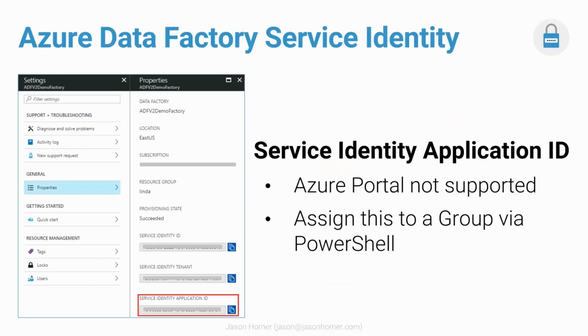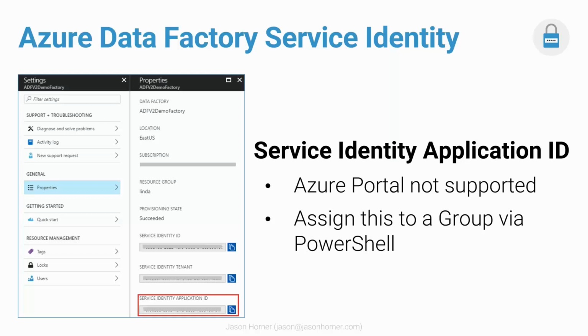Another important concept is when you create an Azure Data Factory, so in this case, I have this ADF V2 demo factory. By default, it's going to create a managed identity, which is basically a service principal that you don't control. So it's a credential that's valid in AD that doesn't have a password associated with it.